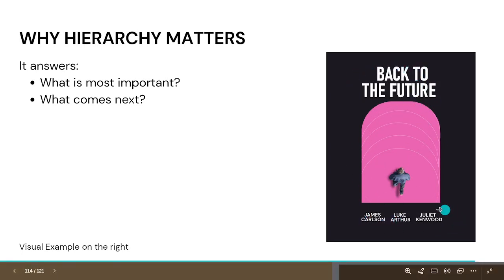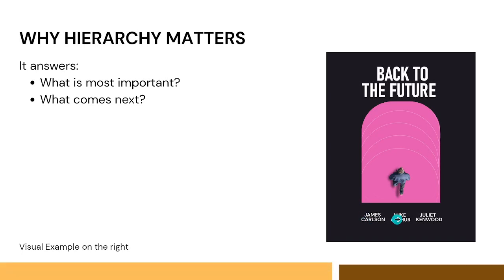And the names of the actors come below because it's at the lowest section of the design. So basically, hierarchy helps to communicate what is most important in a piece of design. Secondly, it also introduces what comes next in a piece of design.